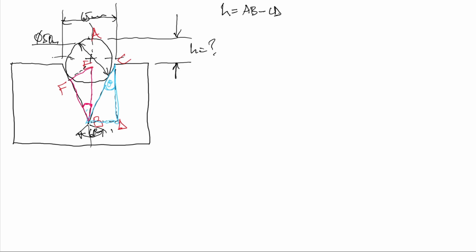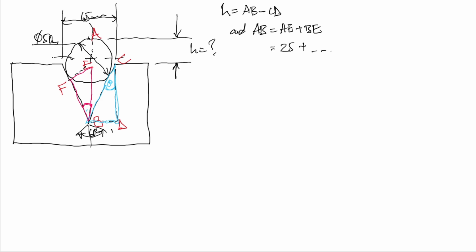And AB is equal to AE plus BE. We are also given AE. From the top of A till the center where E is, it's right in the center, which is going to give us 25 millimeters, which comes from the half diameter of that roller.